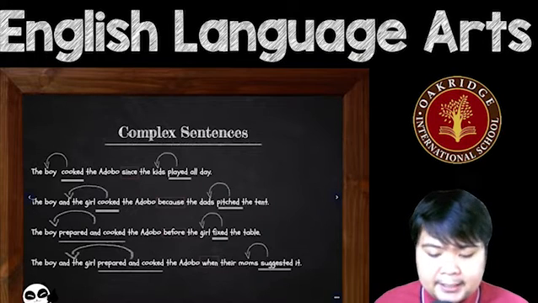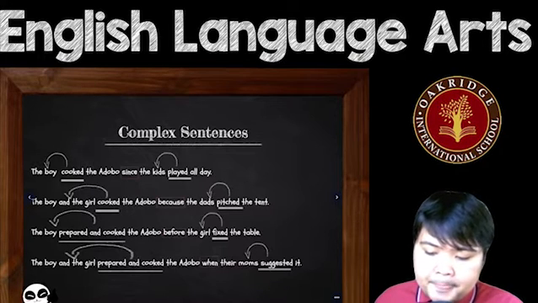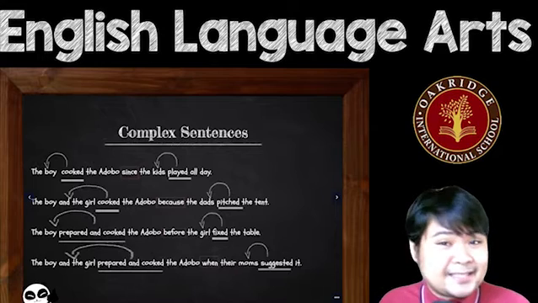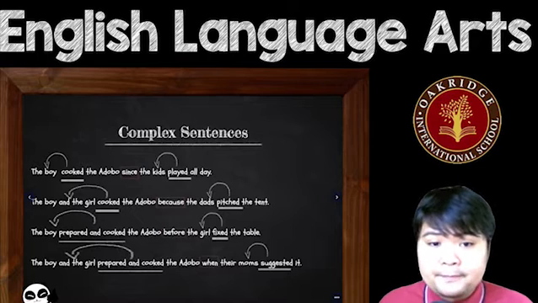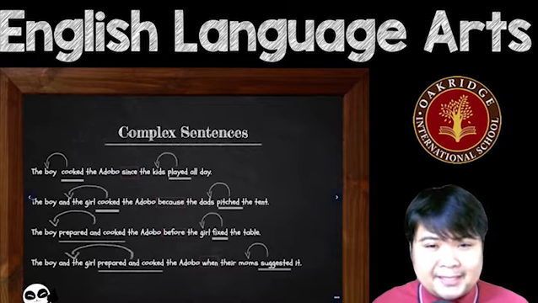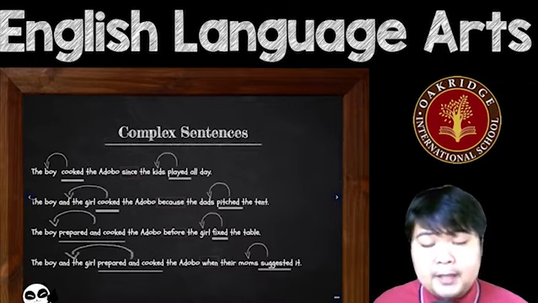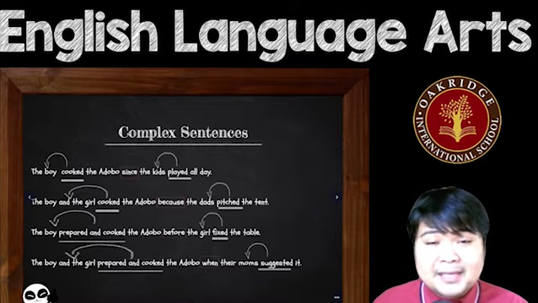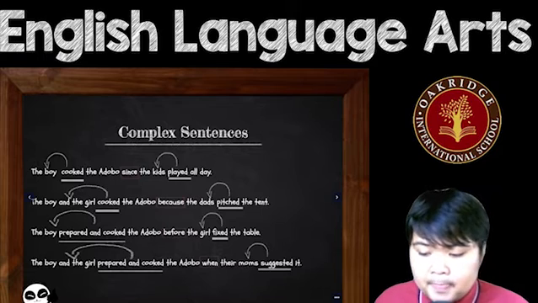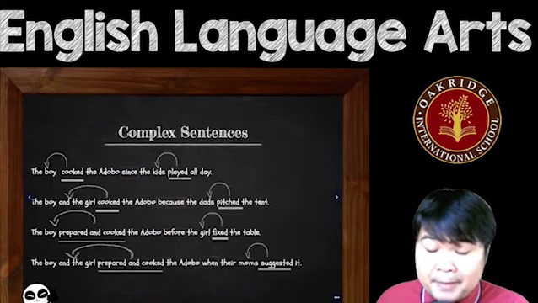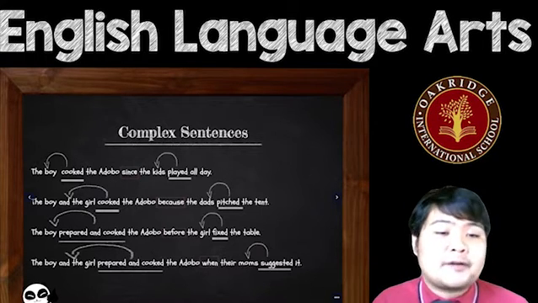So basically, kids, the different kinds of sentences, there are 4: declarative, interrogative, imperative, exclamatory. But then the structure of sentences, there are 4 as well, but we only studied 3: simple, compound, complex. Simple sentences are sentences with one pair of subject and predicate.